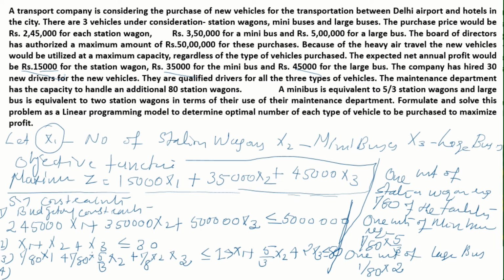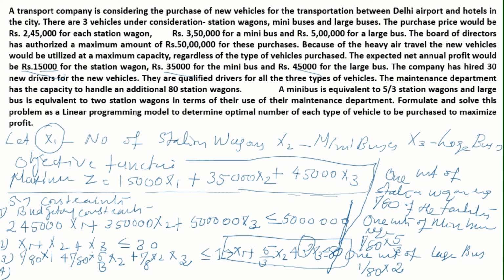So this is the maintenance constraint. x1 plus 5 by 3 x2 plus 2 x3 is less than or equal to 80. The previous textbook solution was giving us 0.5 x3, but it is 2 x3 in actuality.